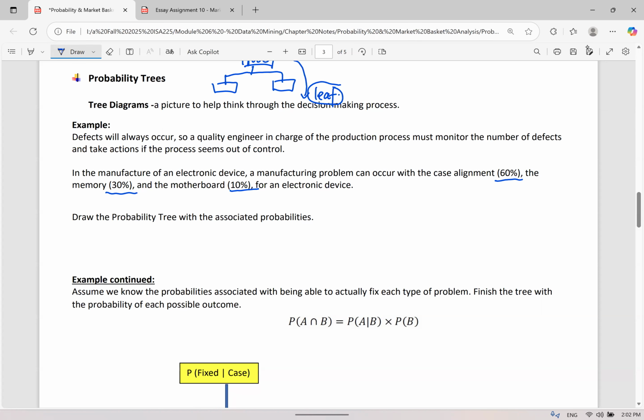If you want to draw a tree to represent these probabilities, how would you draw it? We start with the root, which will contain all the defects. These defects can be divided into three types.